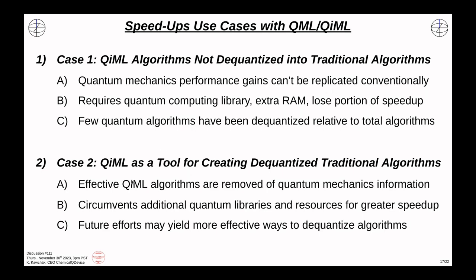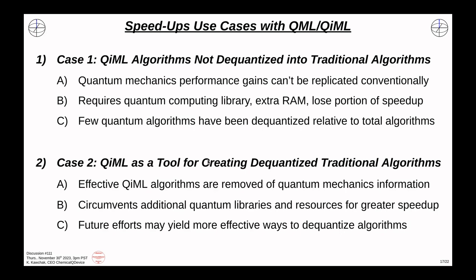And the second case is you're using QML or QiML as a tool. This may be a field in the future where you're just using these software libraries and extra RAM in order to create classical algorithms that we haven't quite thought of using traditional methods, okay? So you would get greater speedup in this case compared to case one.